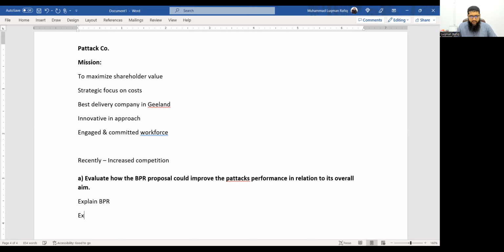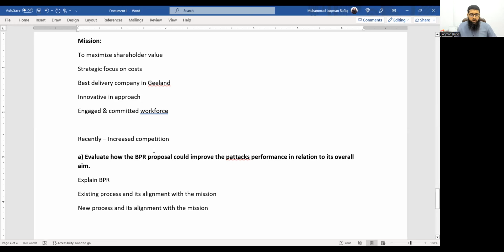You would talk about the existing process and its alignment with the mission. New process and its alignment with the mission.